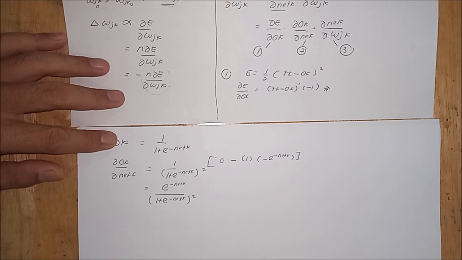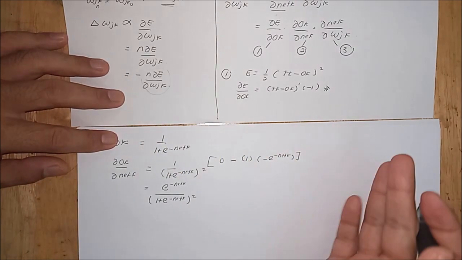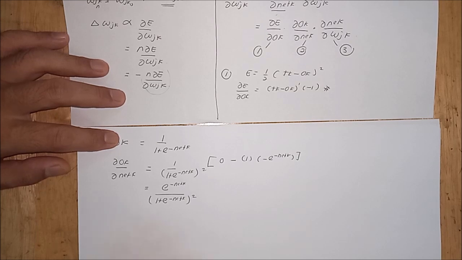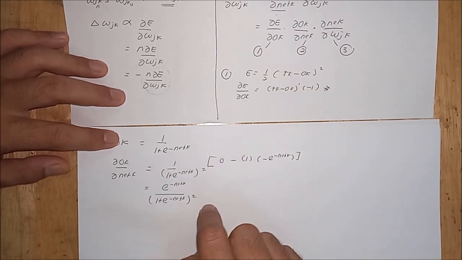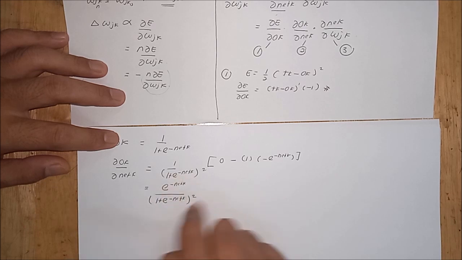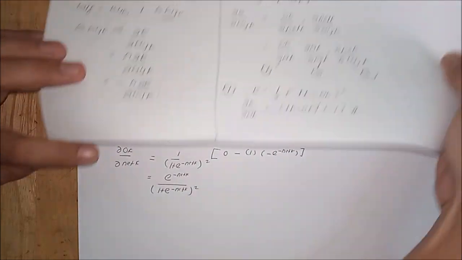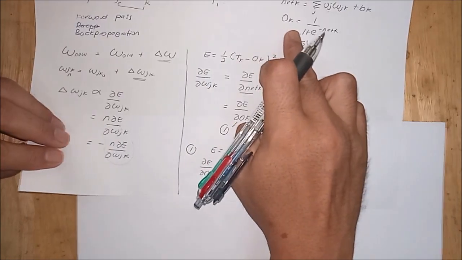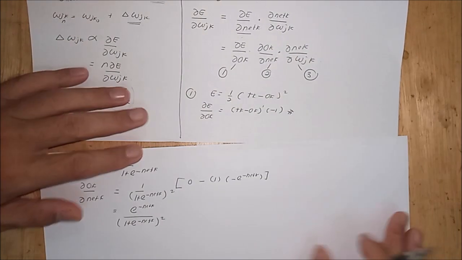However, we need to find this relation in terms of the output notation. So we need to manipulate this particular equation a bit in order to make it in terms of the ok naming convention. If you still remember from this part, ok equals 1 over 1 plus e to the minus net k.